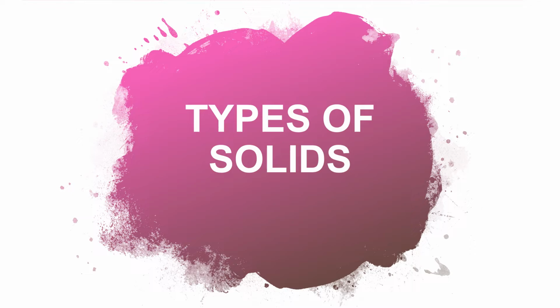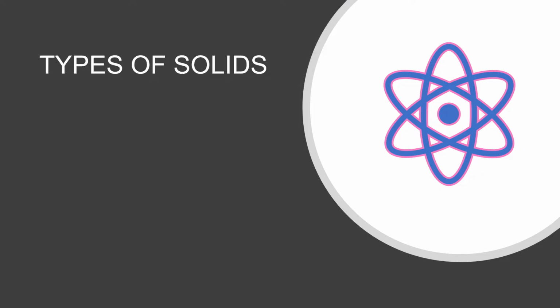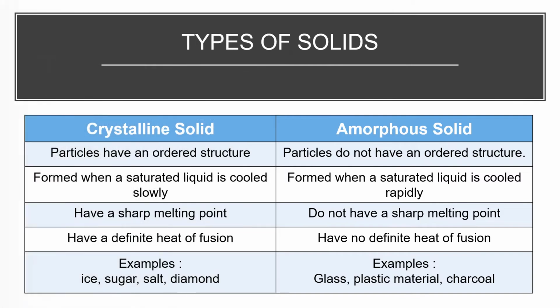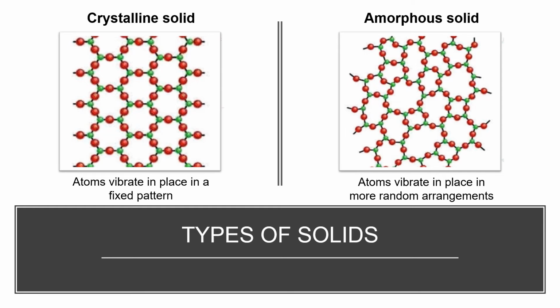Let's take a look at the types of solids. Solids are divided into two main categories. There are crystalline solid and amorphous solid. We can differentiate the crystalline solid and amorphous solid by the following properties. In crystalline solid, the atoms vibrate in place in a fixed pattern, while in the amorphous solid, the atoms vibrate in place in more random arrangements.